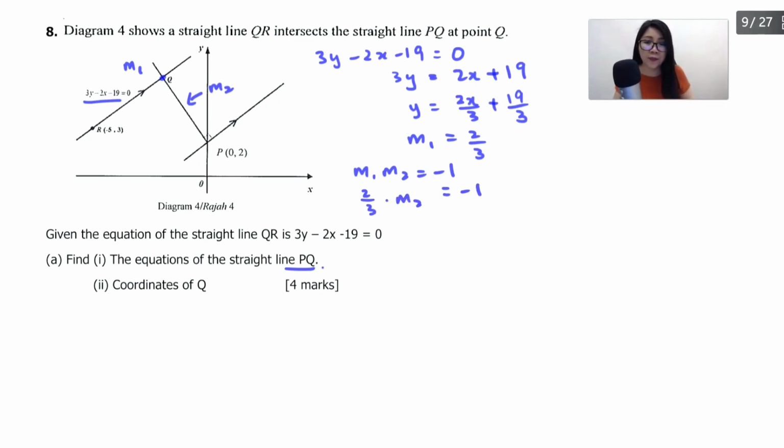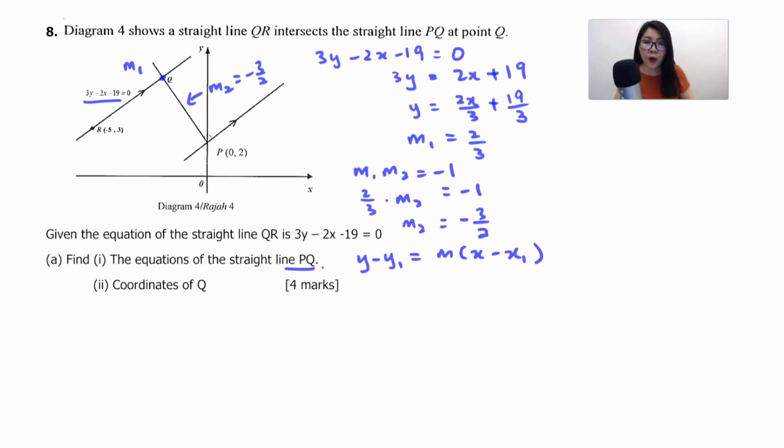The gradient of the normal line is negative 3 over 2. To get an equation of a straight line, we just need a coordinate and the gradient. Then I'm going to sub into the equation y minus y1 equals m(x minus x1). We have to memorize this one.